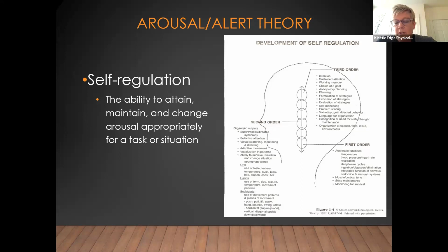And when we work on self-regulation with children in the clinic, we acknowledge that there are a lot of things that assist us in maintaining that appropriate arousal level. And it really doesn't have to do with us just telling ourselves to stay alert or to calm down, but we use our sensory system to do that.